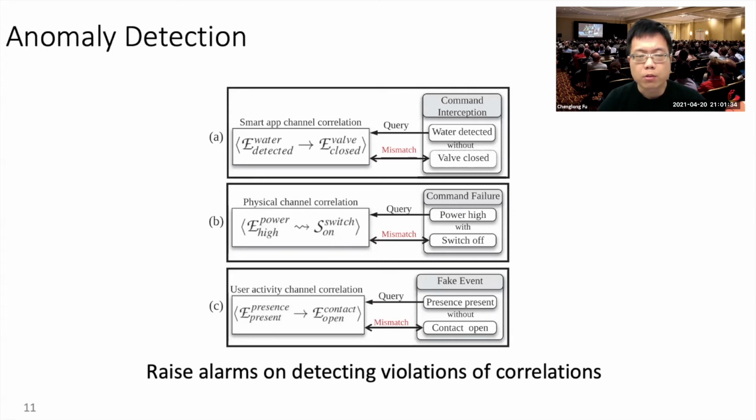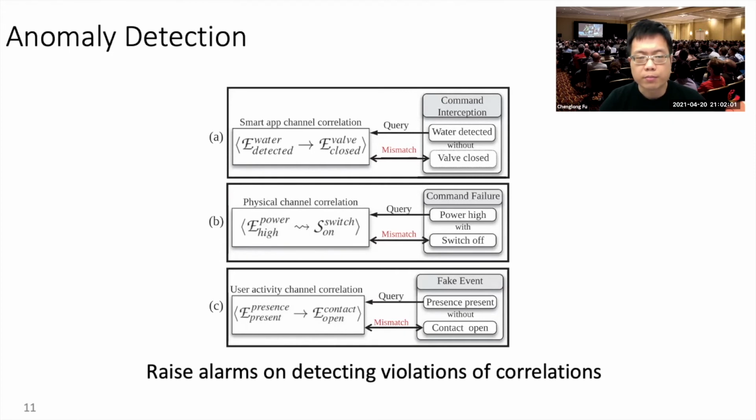So this graph shows the procedure to detect anomalies, as we mentioned on page 2. For case A, because there is no action and feedback event of the valve, the water detected event inside this correlation cannot find the expected follow-up event. So the system will raise an alarm.